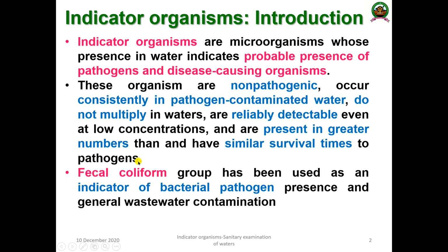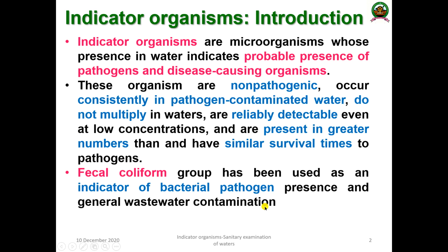However the pathogen survives in the water, this indicator organism should also have a similar survival time and survival density. Mainly this indicator bacteria are known as fecal coliform. This is what we discussed in the previous class. So the fecal coliform group has been used as an indicator of bacterial pathogen presence and general wastewater contamination.